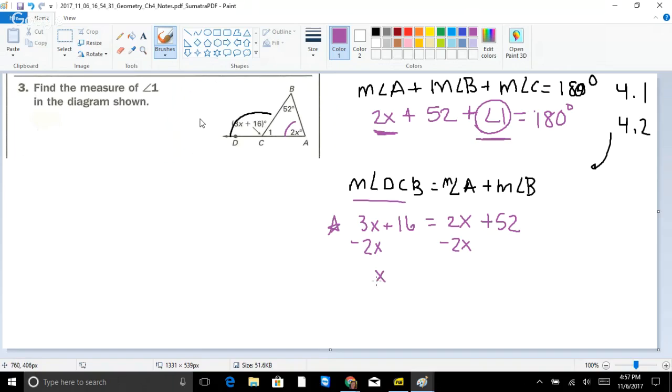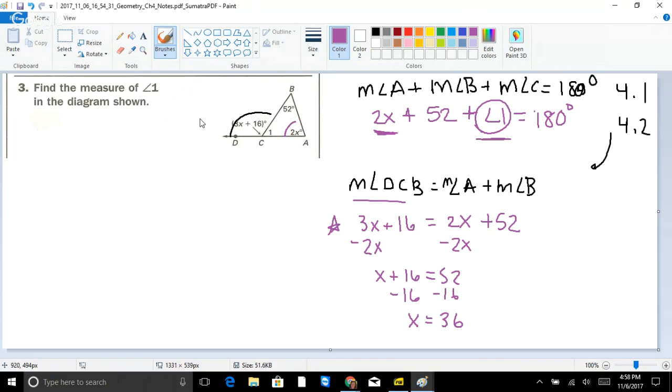So we get x plus 16 equals 52, and then subtract 16 from both sides and get x equals 36. So x equals 36 degrees.